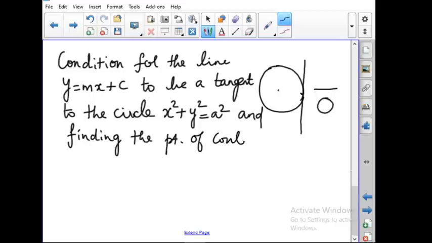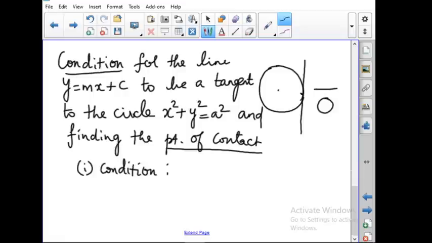So we are going to see two things in this. One is the condition, another one is the point of contact. First let us write down the condition for the given line to be a tangent to the given circle.